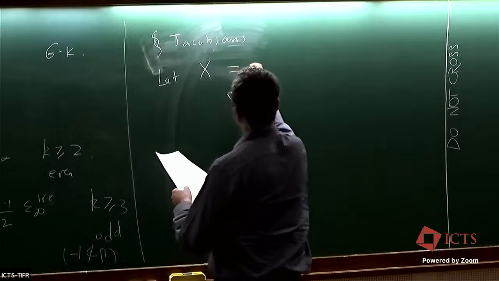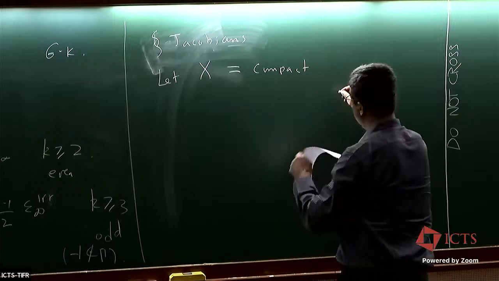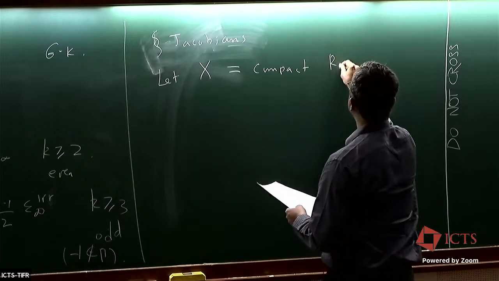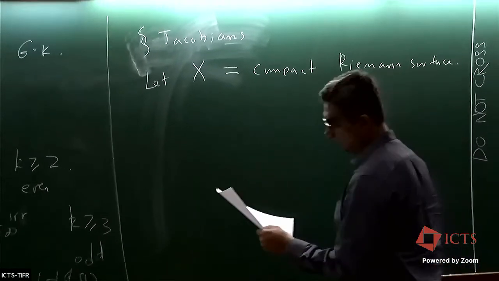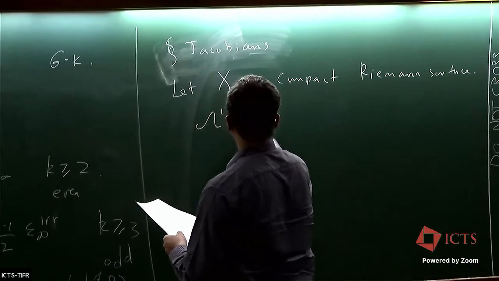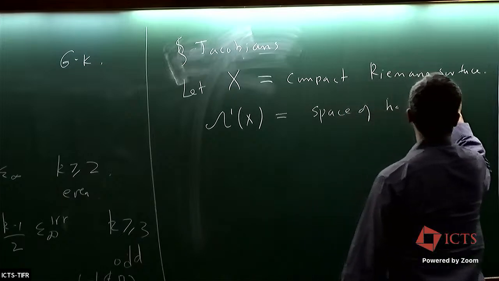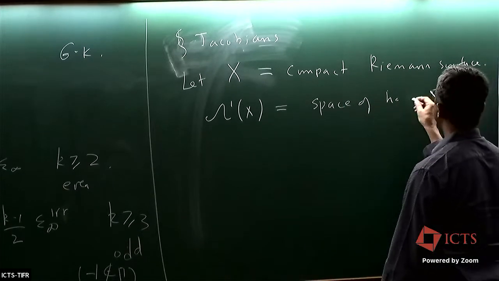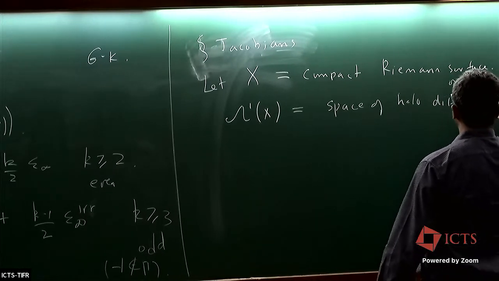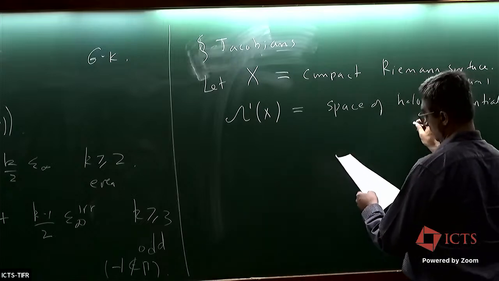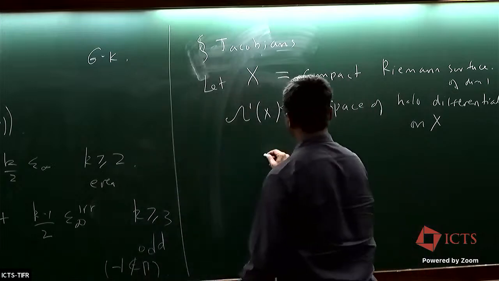Let X be, now we'll work more generally, not just with modular curves, but a compact Riemann surface of dimension 1. Omega 1 of X is the space of holomorphic differentials. On X, we just said the dimension was equal to the genus. We'll write it again.